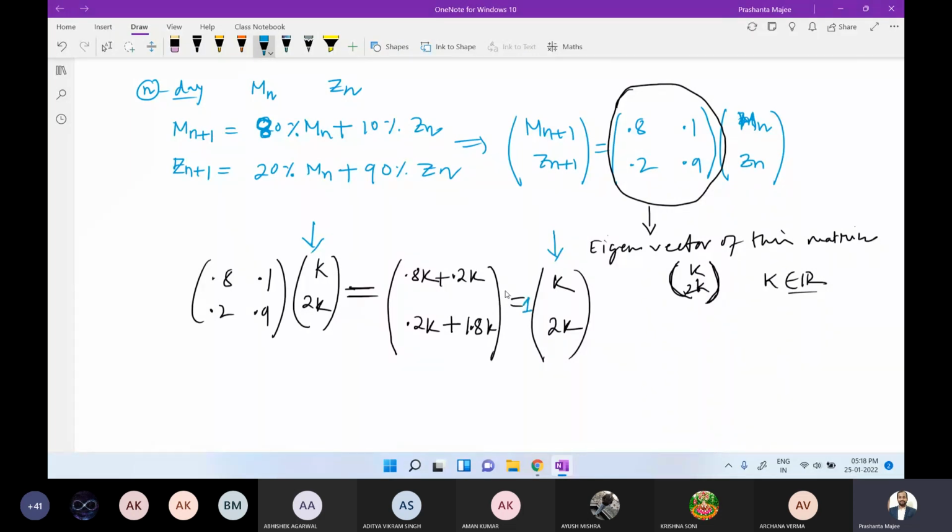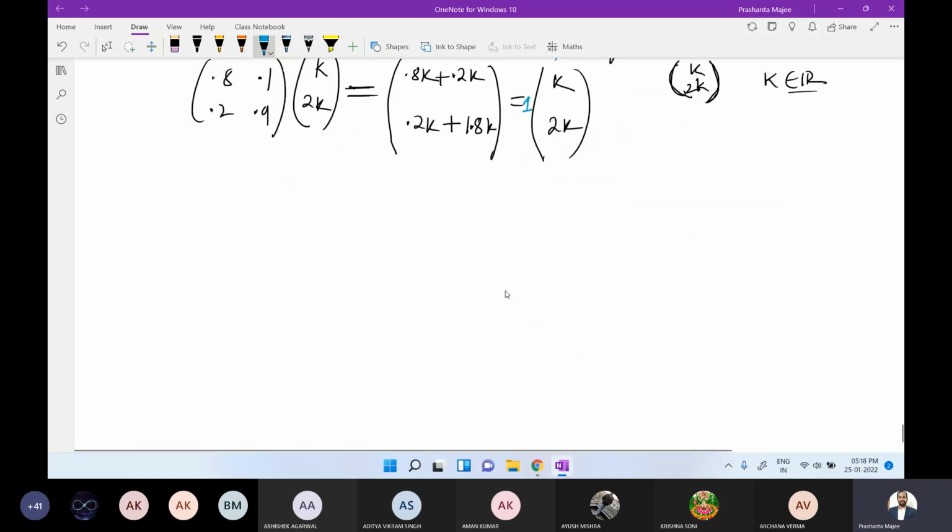Multiplied factor is 1. So k comma 2k is an eigenvector for arbitrary k belongs to R, and 1 is the corresponding eigenvalue. So you only have to find out the eigenvector of the matrix. So these are some hypothetical situations.